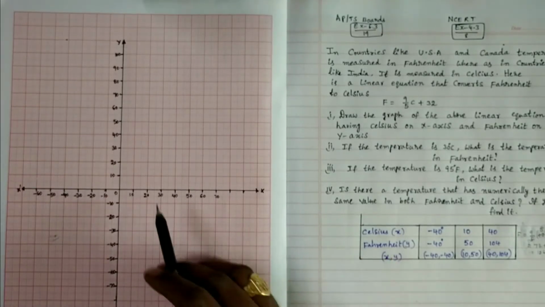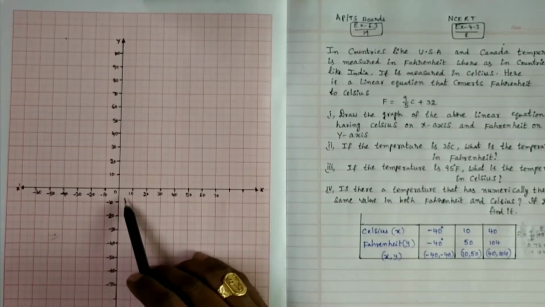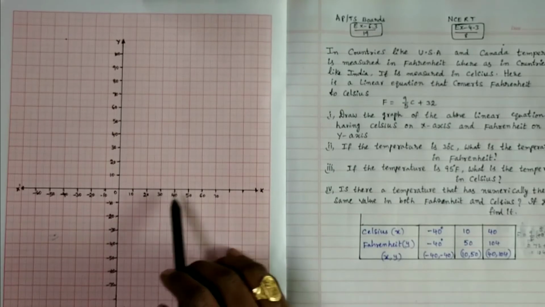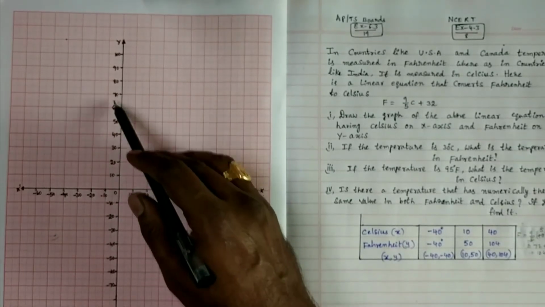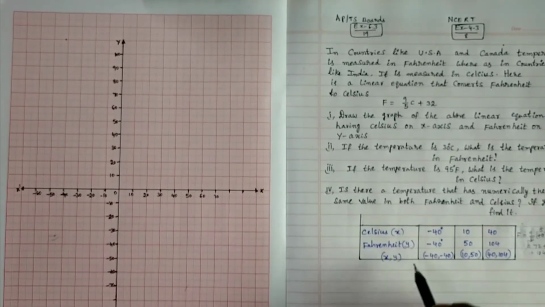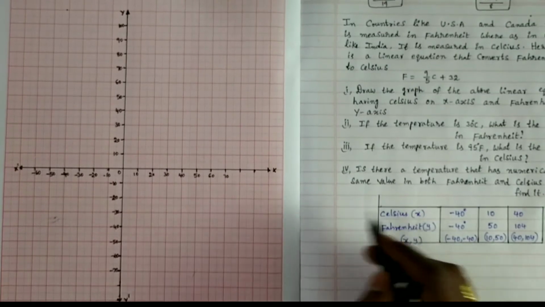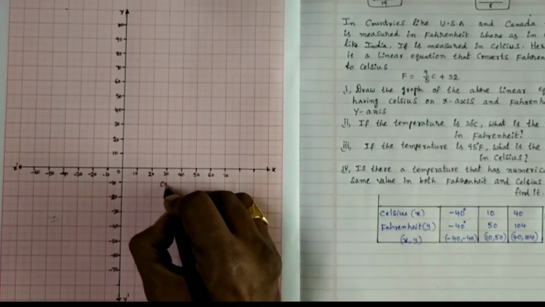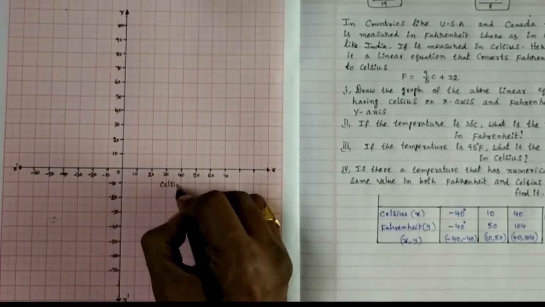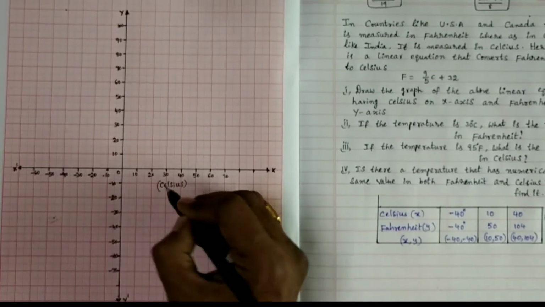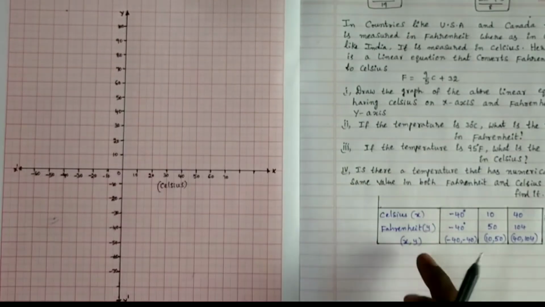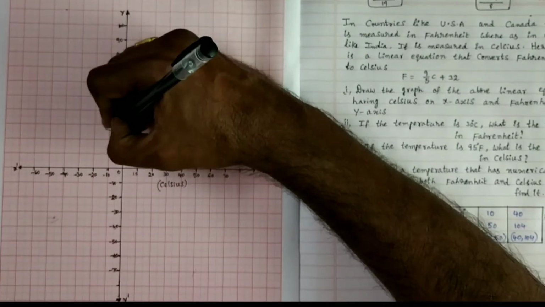So I took 1 centimeter as 10 units on both axes. The x-axis represents Celsius and the y-axis represents Fahrenheit.